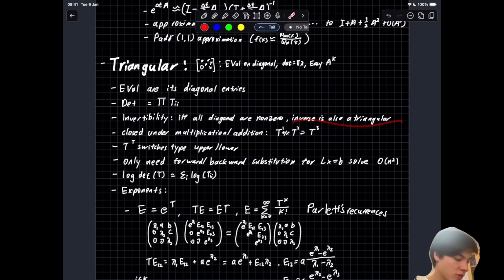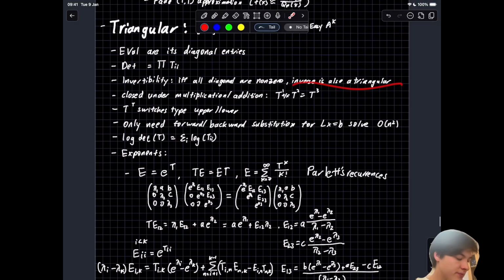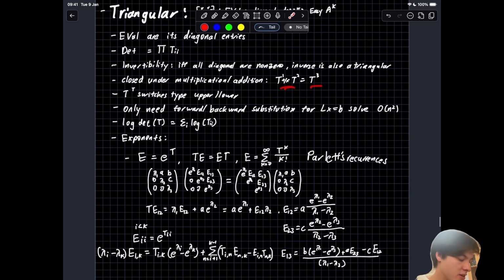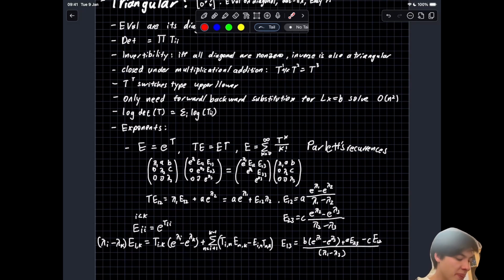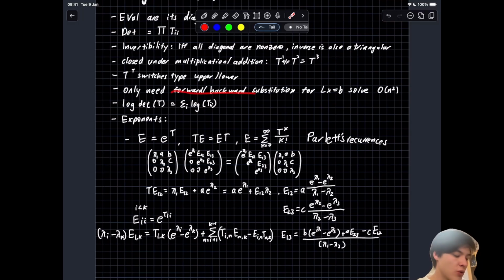And the inverse is also triangular. So if we do addition or multiplication, it stays triangular. T transpose switches from upper to lower. And we only need to do forward and backward substitution to solve for x, which is perfect.